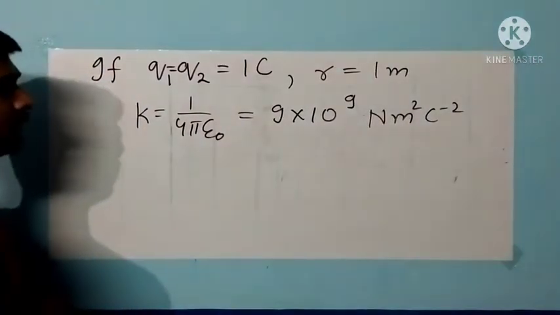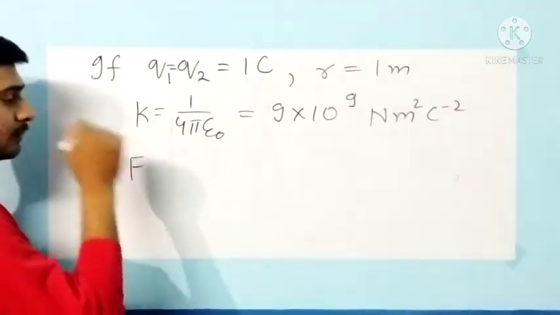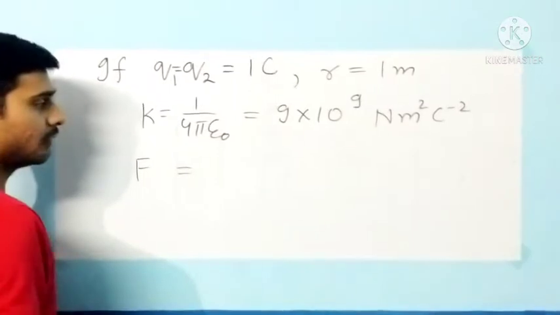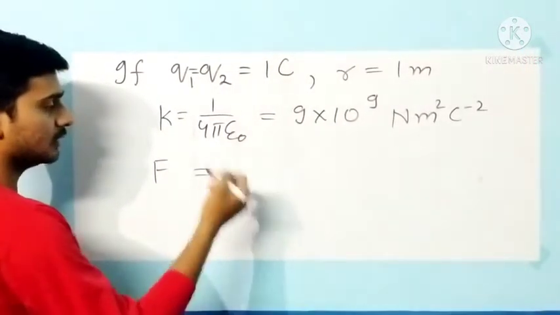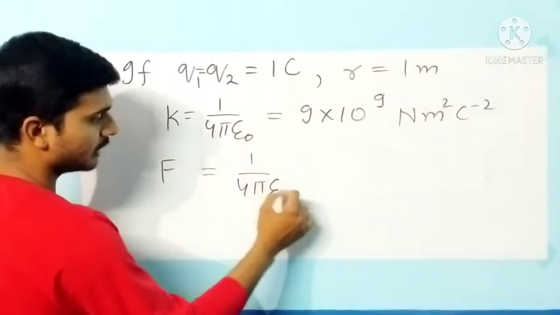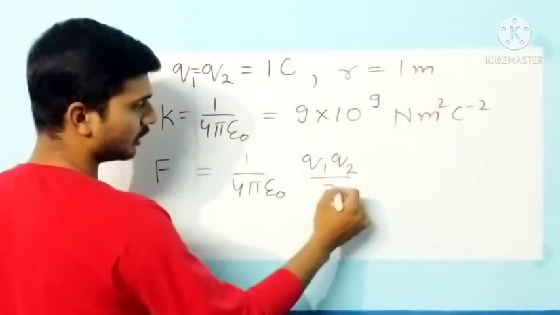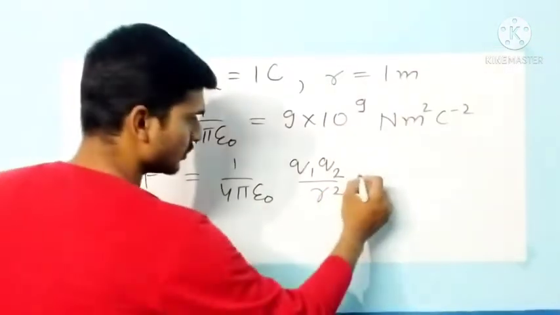So how do we calculate the force between two point charges of 1 coulomb? The force will be given by Coulomb's law. It will be equal to 1 upon 4 pi epsilon naught times Q1 Q2 upon R squared.